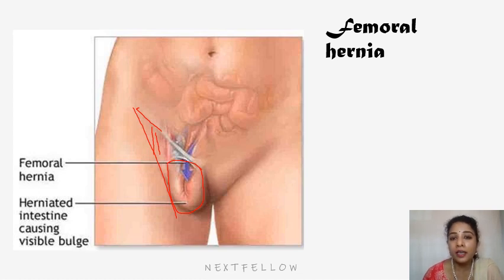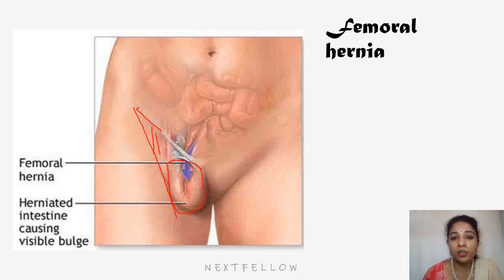The hernial sac then stretches the cribriform fascia and curves upwards over the inguinal ligament within the subcutaneous tissue. The hernia is usually small because it is contained by surrounding tissues, but it enlarges as it expands into the subcutaneous tissue.